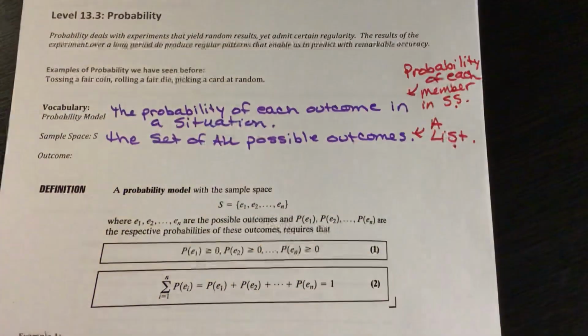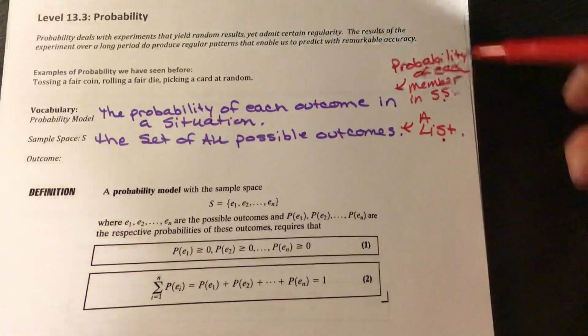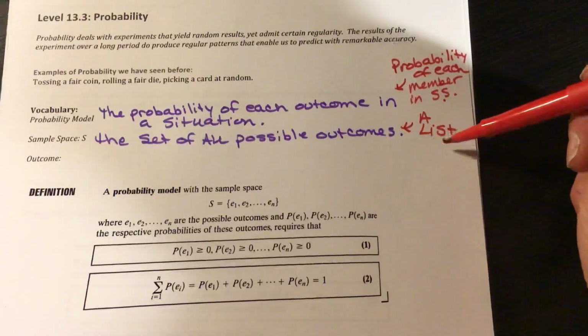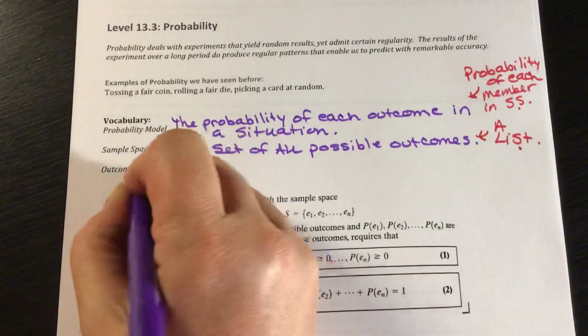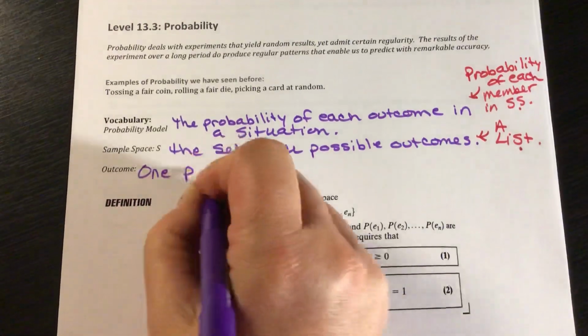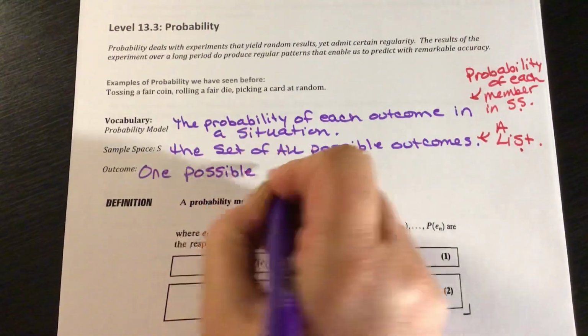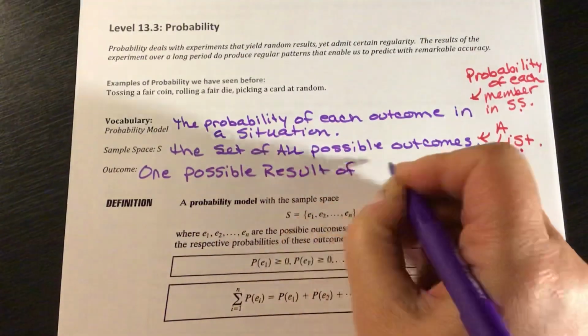I'm going to use S for sample space. So this is a list of all the things that can happen, and this is the probability of each one of these things happening. And an outcome is just one possible result of one trial.